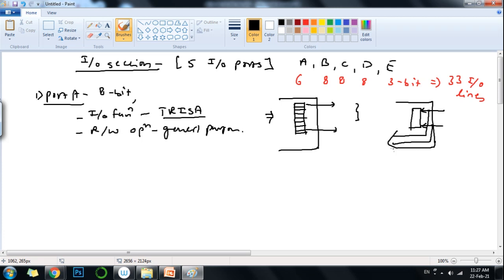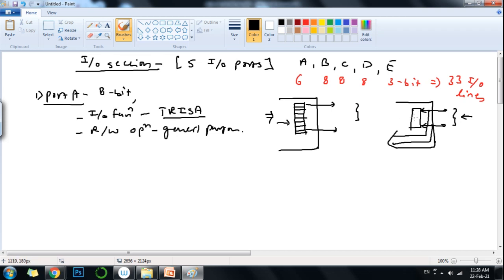So a write operation writes the data into the latch, and a read operation reads the data from the pins of the port. So whatever status you apply here from outside will be read. That is obvious, because you are not supposed to read the data which is there in the latch.